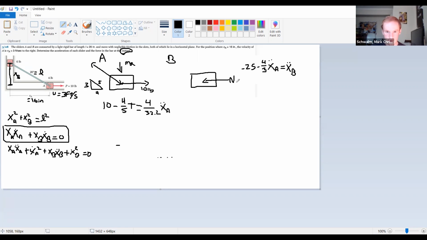This is normal force on B. That's equal to ma. We got this gravitational force down on it. That's just going to be 6 pounds divided by 32.2, just to get that mass. Then we want acceleration in the y direction.